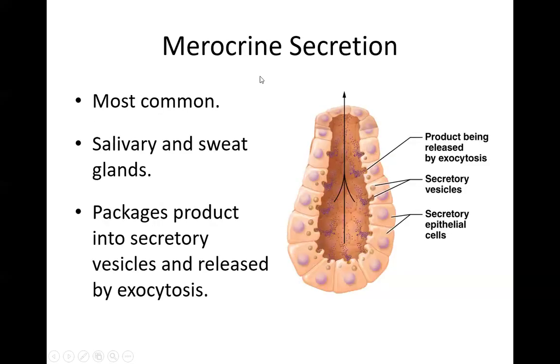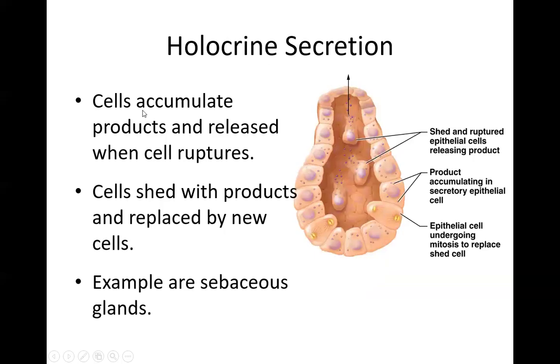Holocrine secretion is different from merocrine secretion in the sense that cells accumulate products and release them when the cell ruptures. So here it is not exocytosis, it is rupture of the cell. The cells are shed with their products and are replaced by new cells. An example is the sebaceous glands.